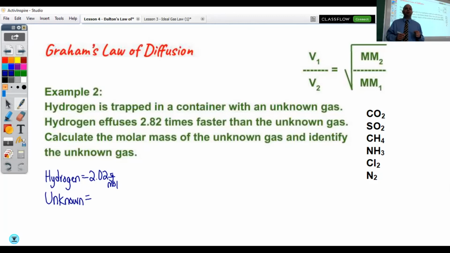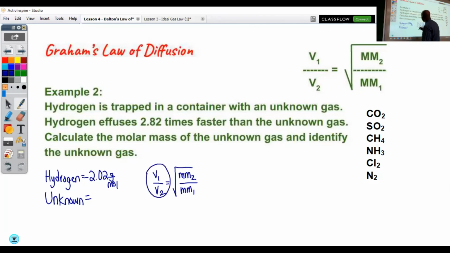This is also important when we place our variables in our equation. So V1 over V2 equals the square root of molar mass 2 over molar mass 1. This was given to us in the problem. This is equal to 2.82.